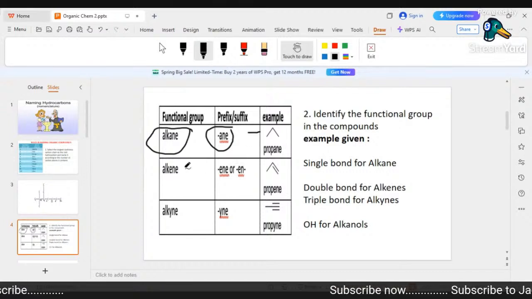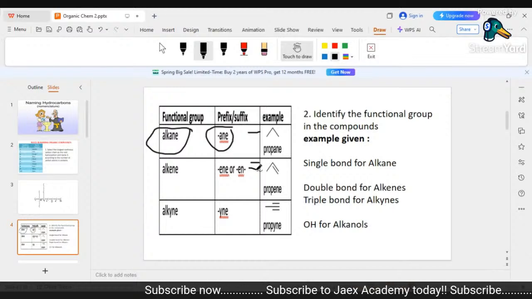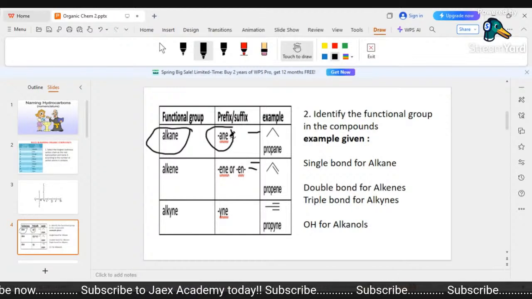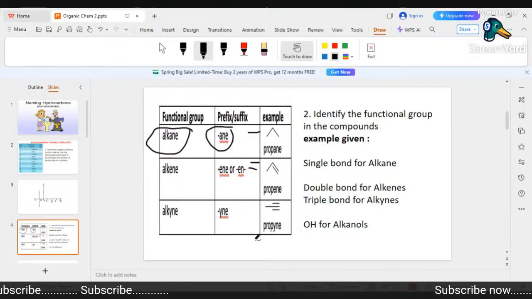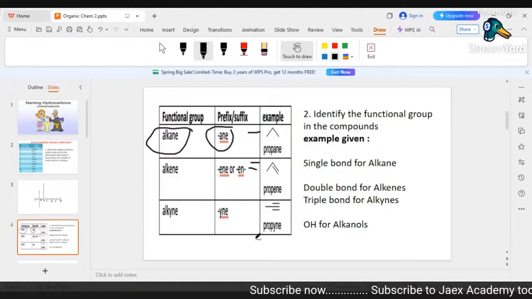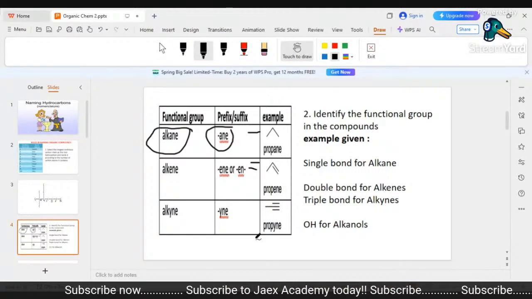Moving forward, for alkene, alkene has a double bond, and their suffix is usually -ene. For alkyne, alkyne has a triple bond. So either it is alkane, alkene, or alkyne, it is a functional group.